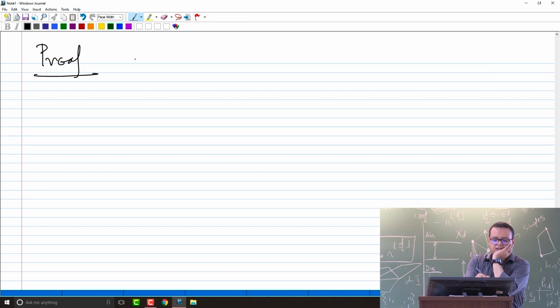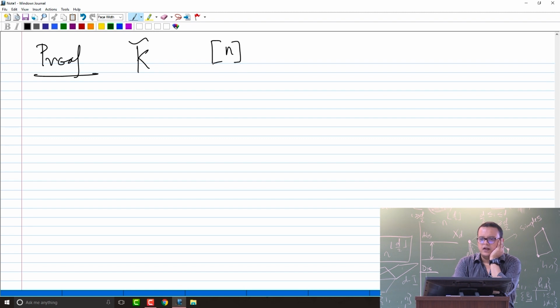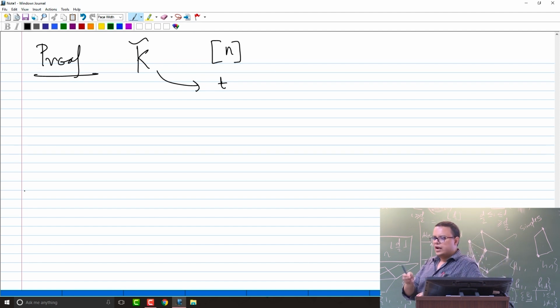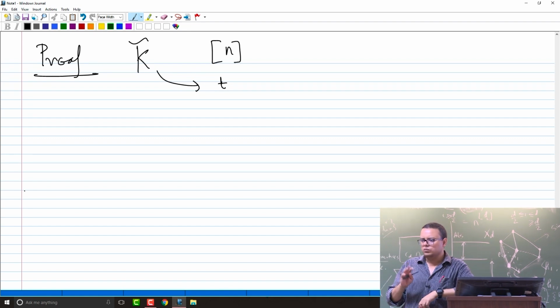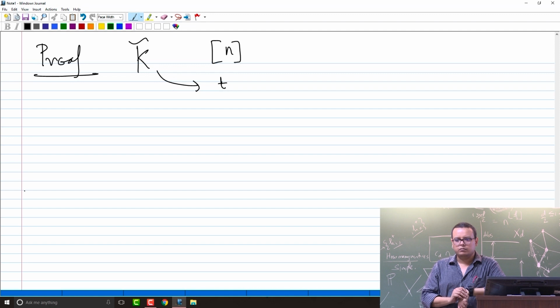So, we have this geometric complex whose vertex set is the first n numbers, and the dimension of this complex is T. Let us make our life even slightly more difficult. Let us assume K tilde contains all subsets of size T plus 1.